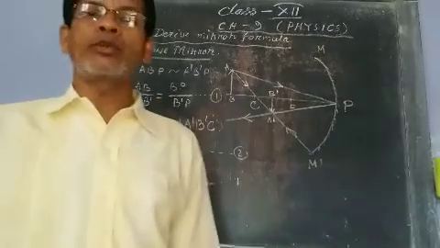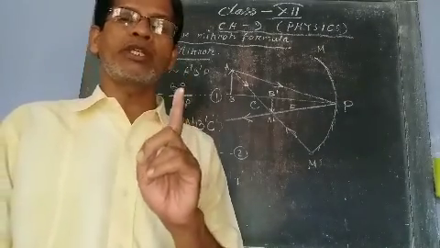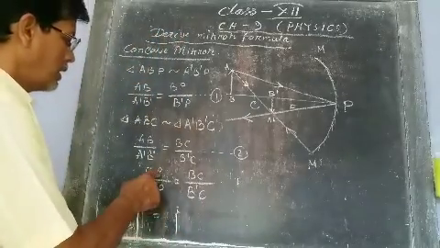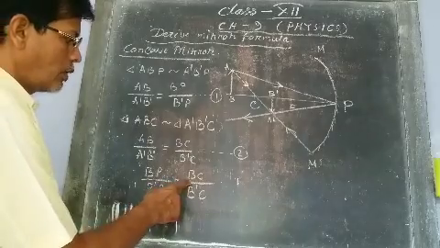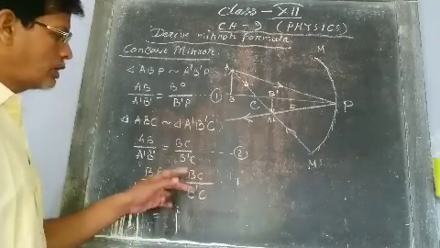Now according to sign convention, all distances should be measured from the pole. This is related to the pole, but this is not, so you relate this to the pole.